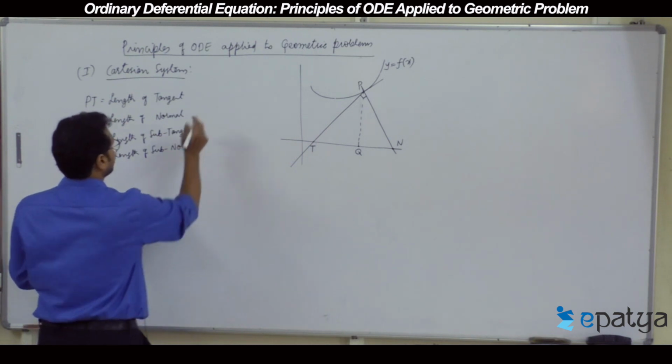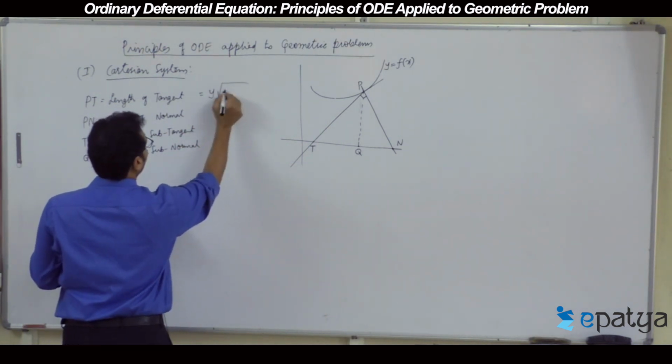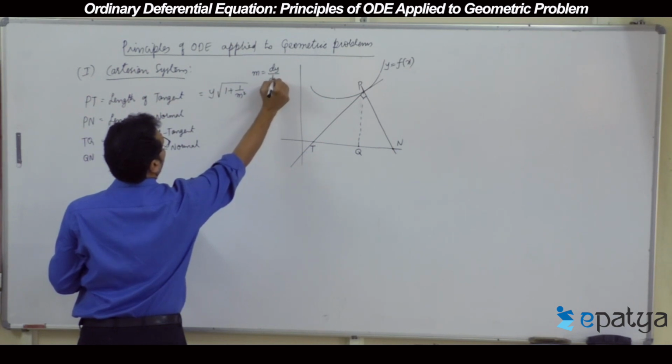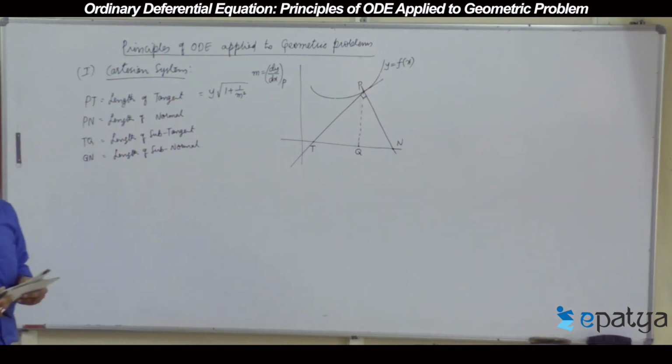Length of tangent is equal to y root of 1 plus 1 by m square, where m is my dy by dx at the point P. At whatever point you are considering, the slope dy by dx at that point is m.